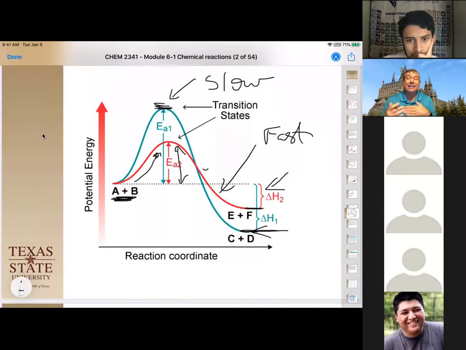So it's kinetically disfavored, but thermodynamically favored, where this one is kinetically favored and thermodynamically disfavored. Okay, so that's how you can tell the difference between kinetic and thermodynamic.